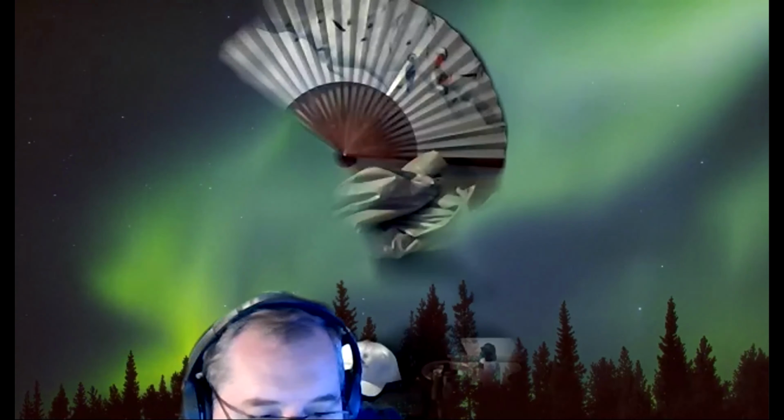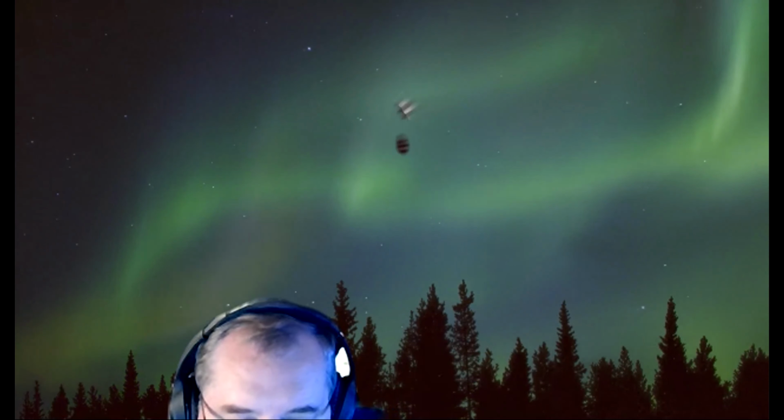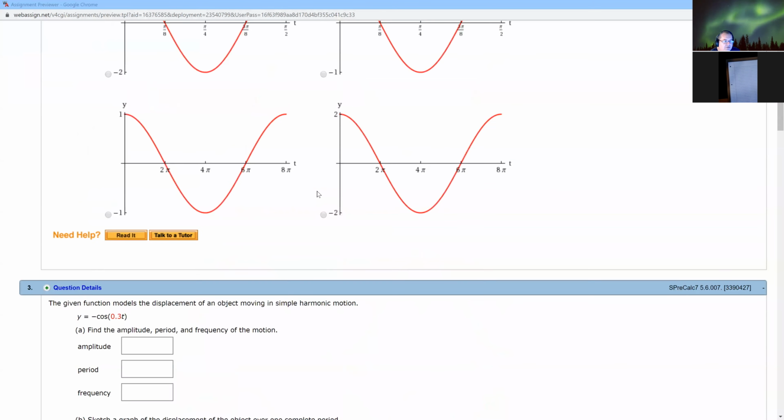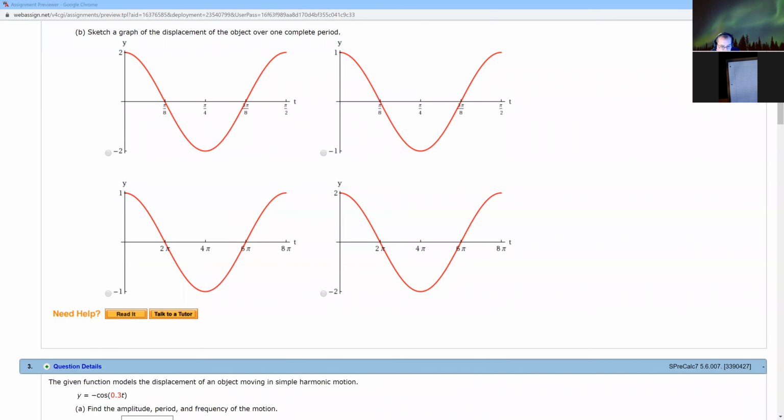There we go. And God, I need some decent eyes to see what the heck I'm doing. I think it's this one. Nope, I'm wrong. Sorry for the pause.